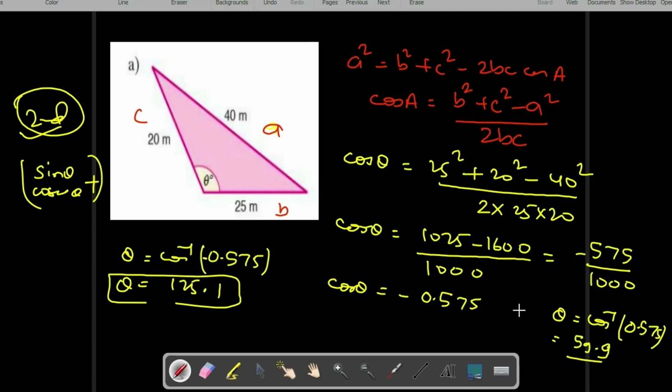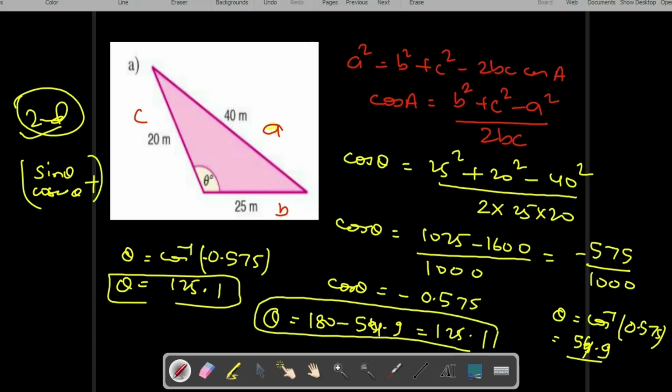This is going to be in the second quadrant, so theta will be 180 minus 54.9, which is 125.1. Like this way we can identify.